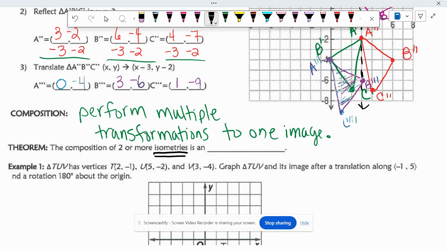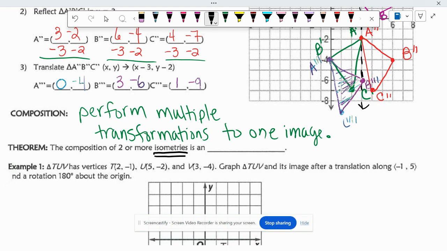It's a movement that has the same measure. So if you perform a composition of two or more isometries, meaning doing two things that preserve the congruence, same measure, stays congruent, then what are you going to have? You're still going to have an isometry. So the composition of two or more isometries is an isometry.